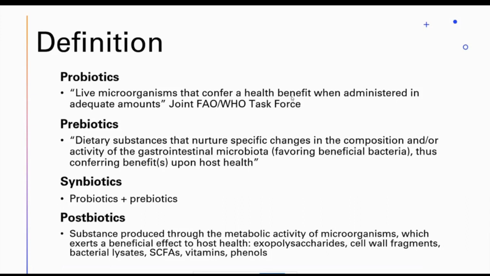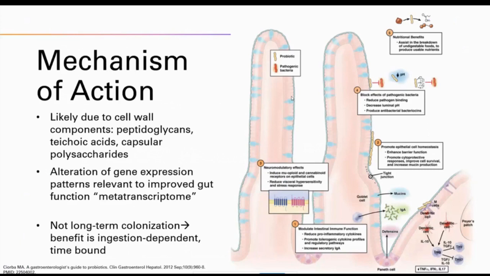And then postbiotics, like I said, kind of a new discovery for me while doing this presentation. These are substances that are produced through the metabolic activity of microorganisms, and they exert a beneficial effect on the host health. And those are things like exopolysaccharides, cell wall fragments, bacterial lysates, short-chain fatty acids, vitamins, and phenols.